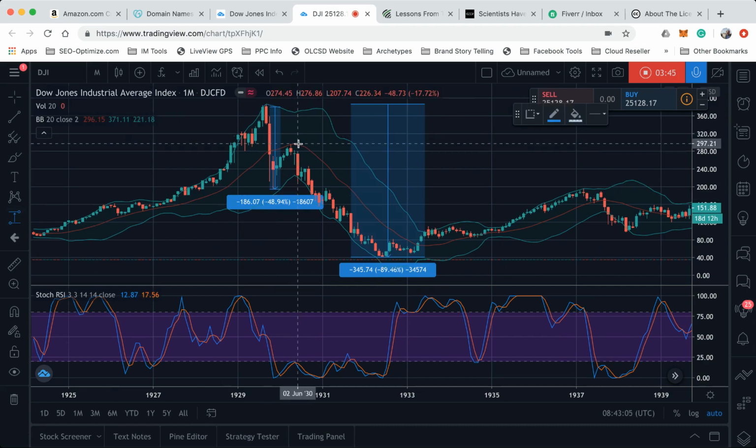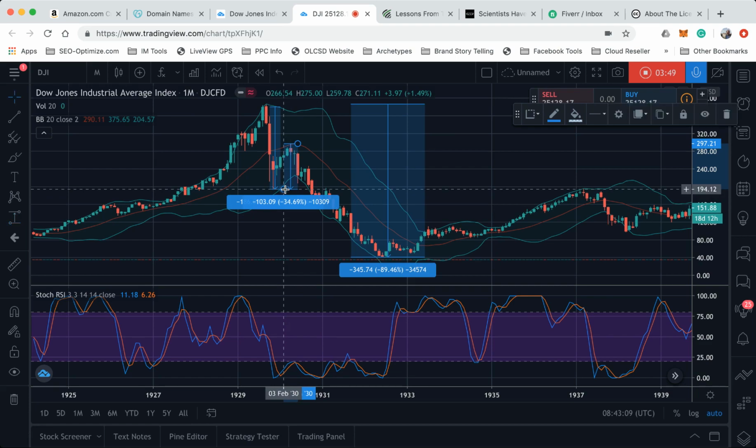Let me just draw this up. It recovered 34%, which, at that time, imagine it. The market drops 50%, and then it recovers 34%. All right, we're on a rally. We're coming back. And then we got another drop.